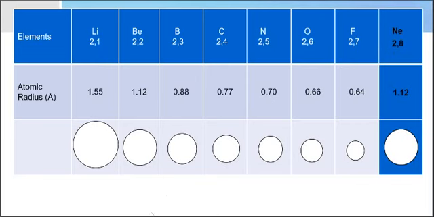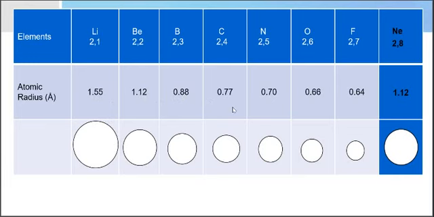So the number of shells for all of them is 2, but you can see as we move from left to right, the number of electrons increases. So it is increasing gradually, and as the number of electrons is increasing, the atomic radius is decreasing.